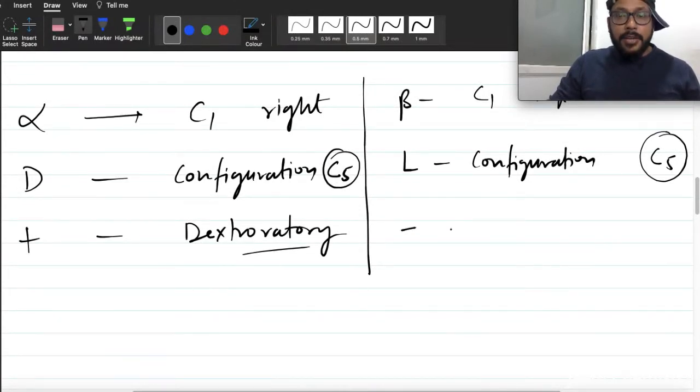Negative represents the levorotatory nature of the molecule. You can check the spelling also.